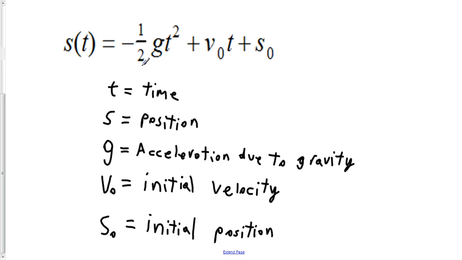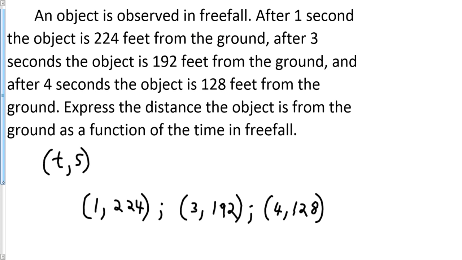So here's what I'm going to use. I'm going to use this position function. I'm going to plug in those times for t, 1, 3, and 4, and what I'm going to get is what it equals. It's going to equal the position or the height above the ground. So I'm going to get three different equations for each of the different ordered pairs. Let's go ahead and do that. All right.